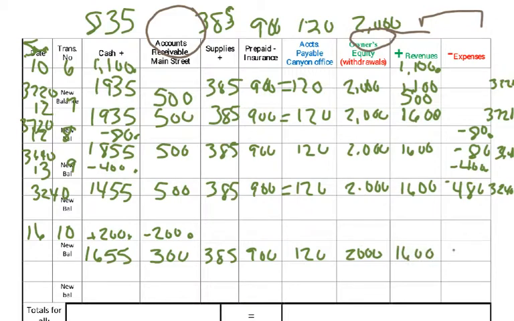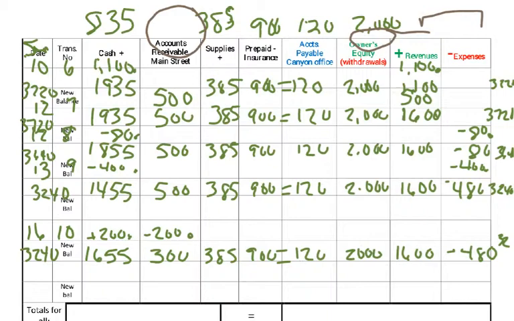We still have the sales. And we still have our expenses. Let's see if we balance. 1655 plus 300 plus 385 plus 900, 3240. And does this equal 3240? Yes, it does. So we balance.